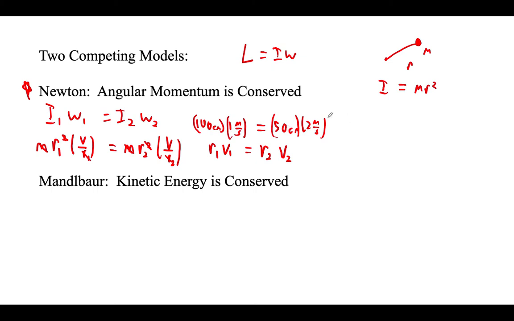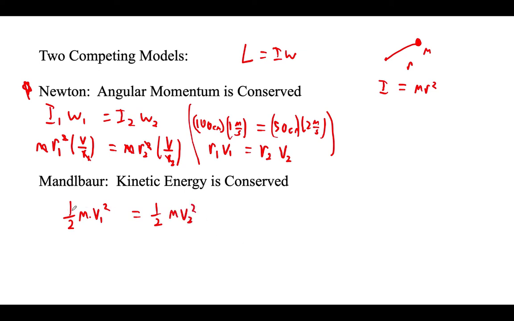What John Mandlbaur is objecting to is the notion that if you pull it into 1 centimeter, it has to be going 100 meters per second. He doesn't think that happens. What he proposes is that the kinetic energy is conserved, that 1/2 m v1 squared is equal to 1/2 m v2 squared.